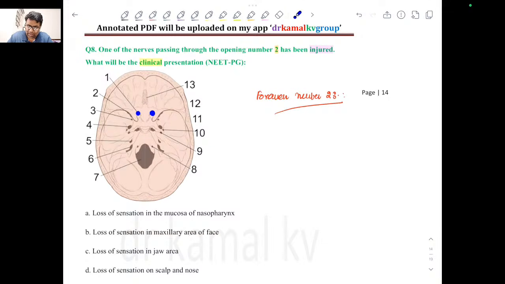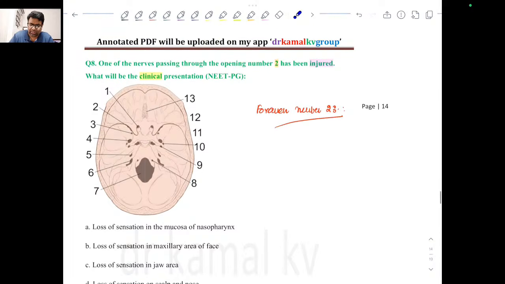Foramen 1 is optic canal, and foramen number 3 is foramen rotundum. So I have just simplified the things for you. 1 is optic canal and 3 is foramen rotundum. Now, can anyone answer this?